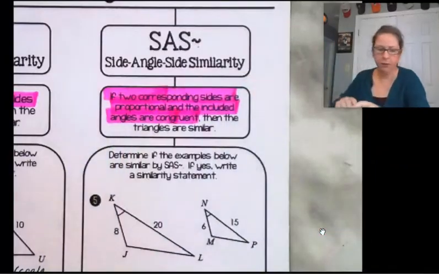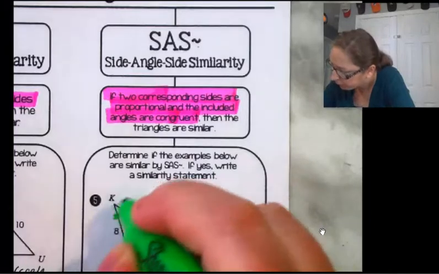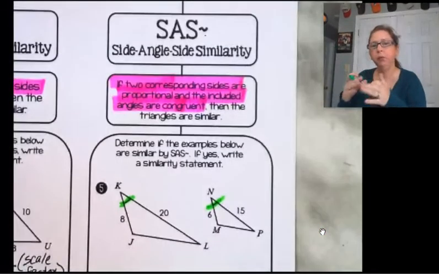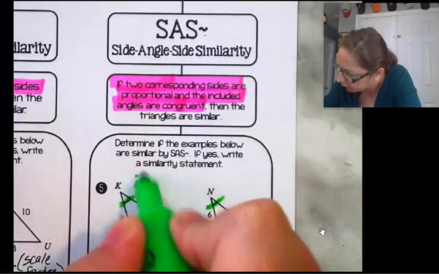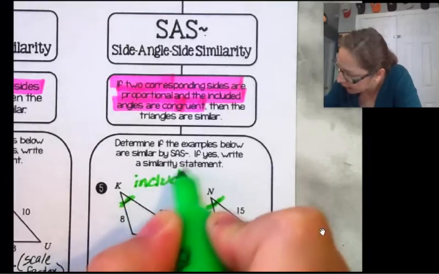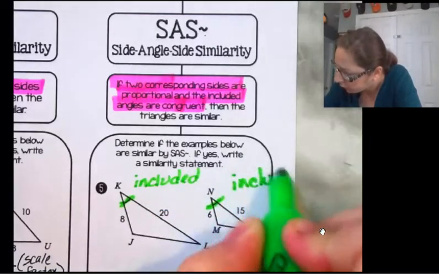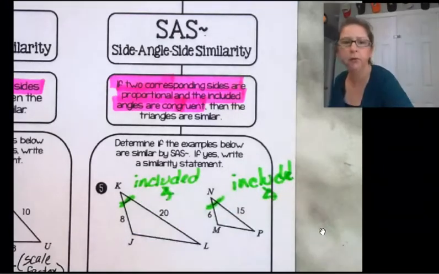Okay, remember the included angle is the angle that falls in between the two sides. So it has to be included. It is an included angle, okay?